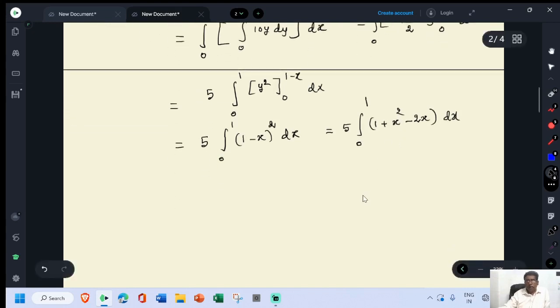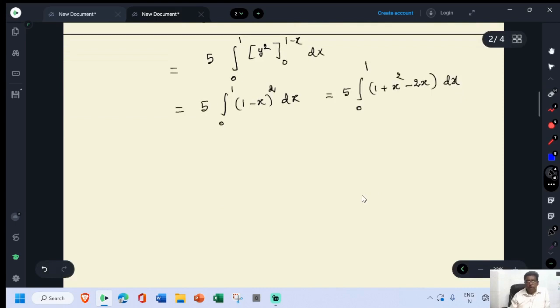Now integrate this. This is equal to 5 times [the integral from 0 to 1 of 1 dx plus the integral of x² dx from 0 to 1, minus 2 times the integral of x dx from 0 to 1].